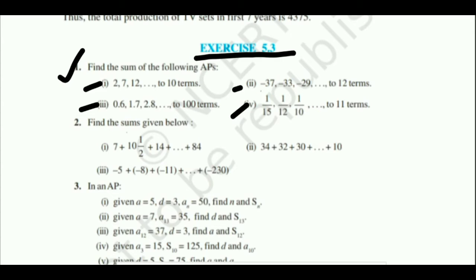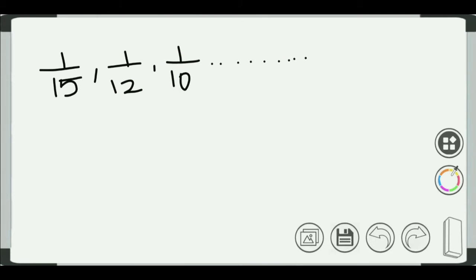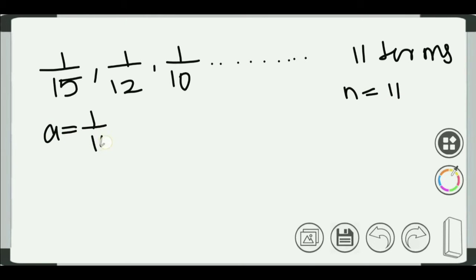Fourth one. 1 by 15, 1 by 12, 1 by 10, and so on, till 11 terms. So 11 terms means n is equal to 11. A is equal to 1 by 15. D is the second term minus the first term, that is 1 by 12 minus 1 by 15.